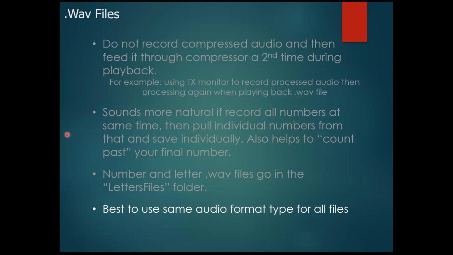But if one of your wave files that it's grabbing and preloading is at 8,000 hertz and another one's at 44,000 hertz, it says, I can't change the format in the middle of playing this stuff back all at the same time, and it'll throw up an error. So just to avoid that, it's best to put them all in the same format all the time.